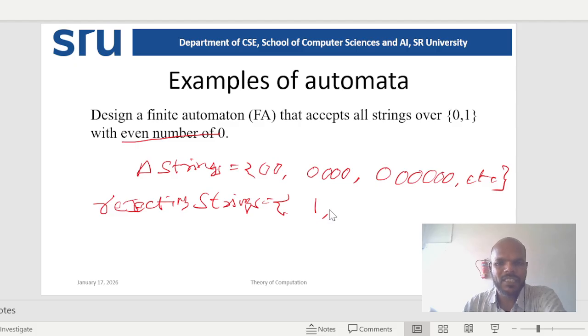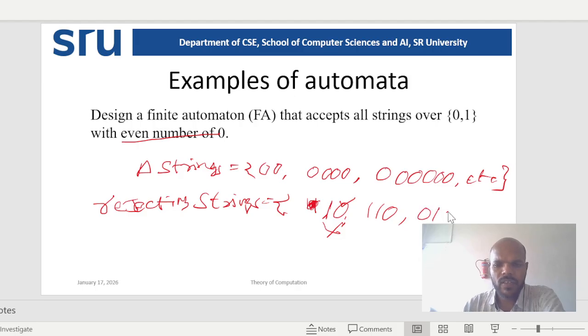It should accept, because there is no such condition. 0 on 1 should get accepted. Next 1, 0, accept or reject? You should not write it as a rejecting string, it is accepting. 1, 0 should be rejected, because it is an odd number of zeros. Next 1, 1, 0 should get rejected, because of an odd number of zeros, right?